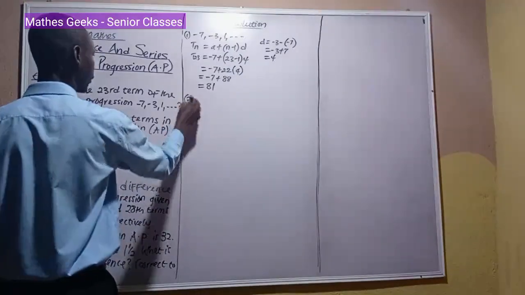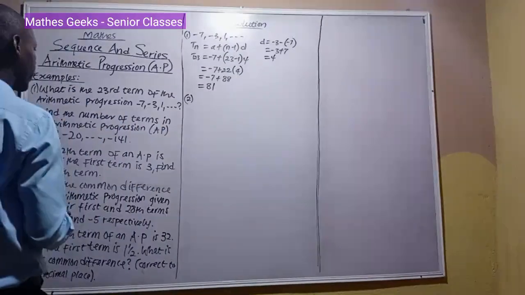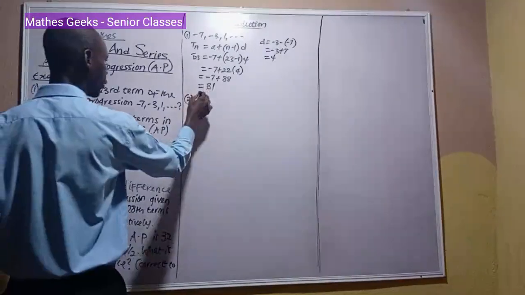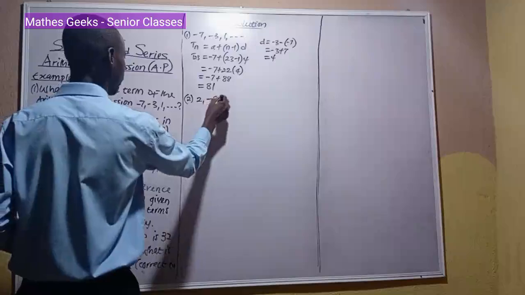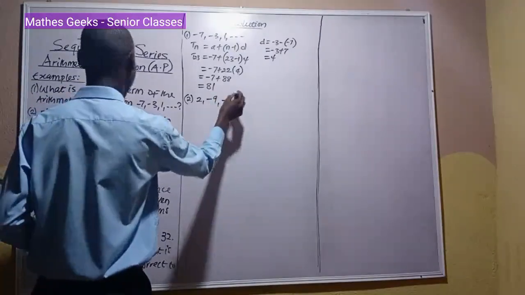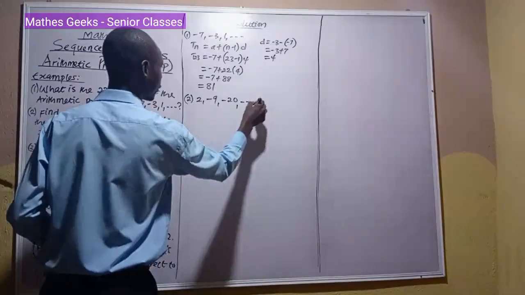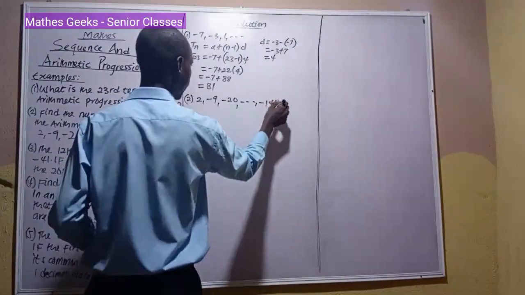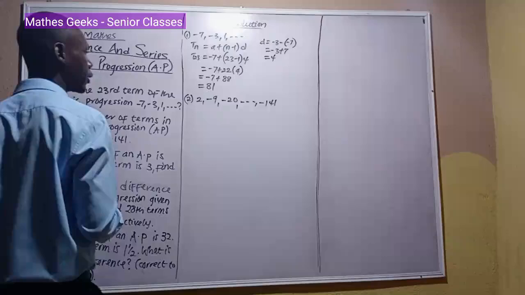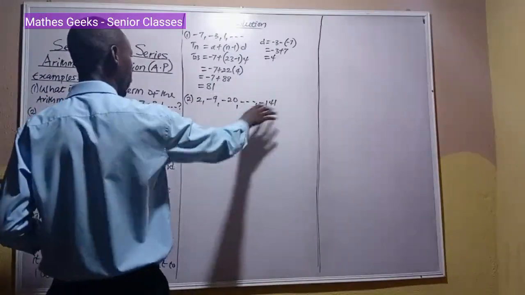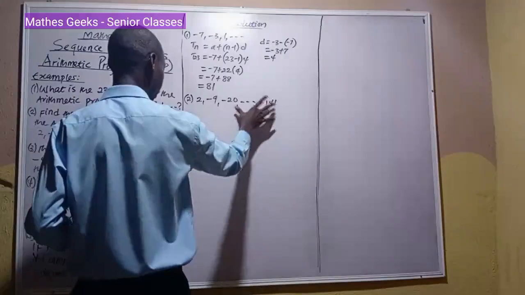Let's find the number of terms in an arithmetic progression, AP. So we have 2, minus 9, minus 20, all the way to minus 141. So minus 141 is the last term, but we don't know exactly how many terms there are in this sequence.